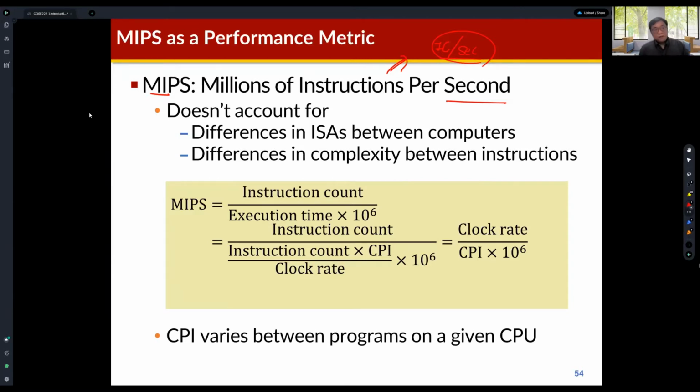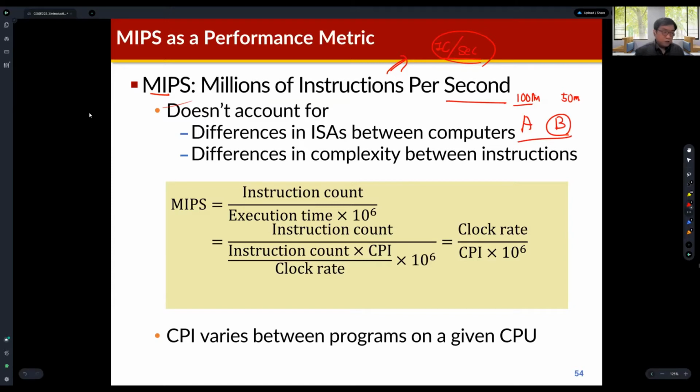Can we use MIPS as an exact performance metric? Let's think like this. This is computer A, and this is computer B. Computer A can execute 100 million instructions per second, and computer B can execute 50 million instructions per second.